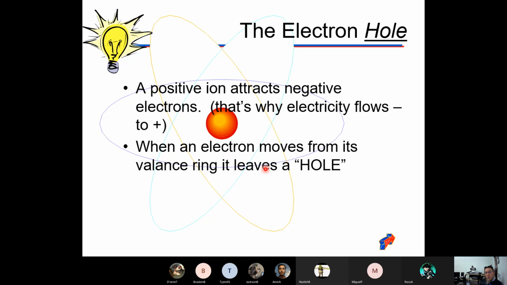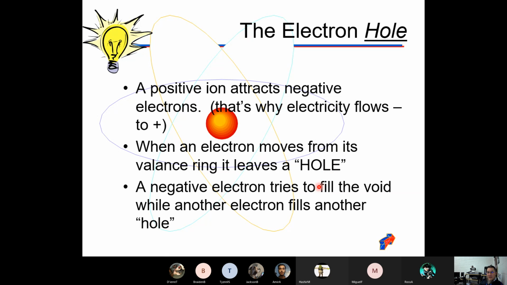It's jumping from one atom to the next, right? And when it jumps to the next one, it's leaving a hole. So what happens when there's a hole? What's it going to fill up with? An electron from where? From the atom sitting next to it, right? Exactly. So that's kind of what it's going to do.